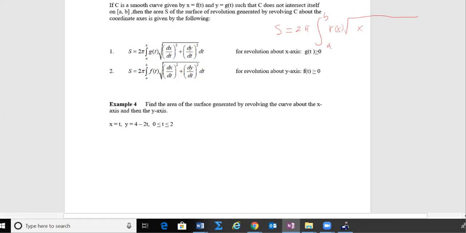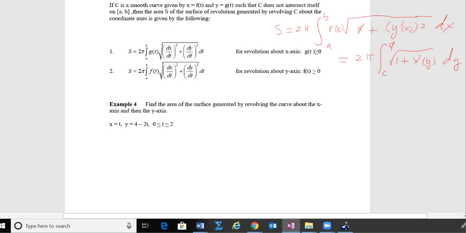Let's see. We had 1 plus the, well, if we're going with respect to x, then we would have y prime of x squared inside. And remember, we had the alternate formula, c to d, we'll say. And then you had 1 plus, instead of y prime, we had x prime of y dy inside there.